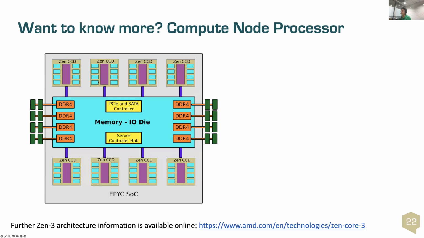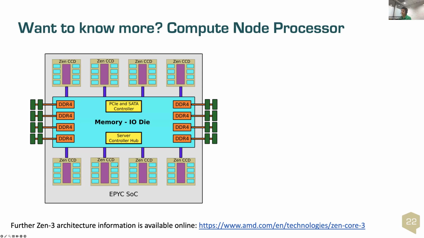For the GPU nodes, I will show you that each of these chiplets indeed will have a direct connection to each of the GPUs available in the nodes. So basically each chiplet will control each of the GPUs. But on the CPU only nodes, that is not needed. But anyway, these are the 64 cores.